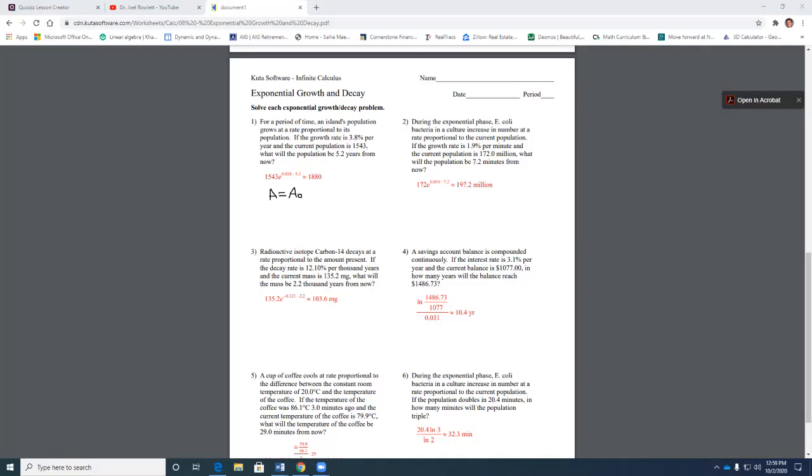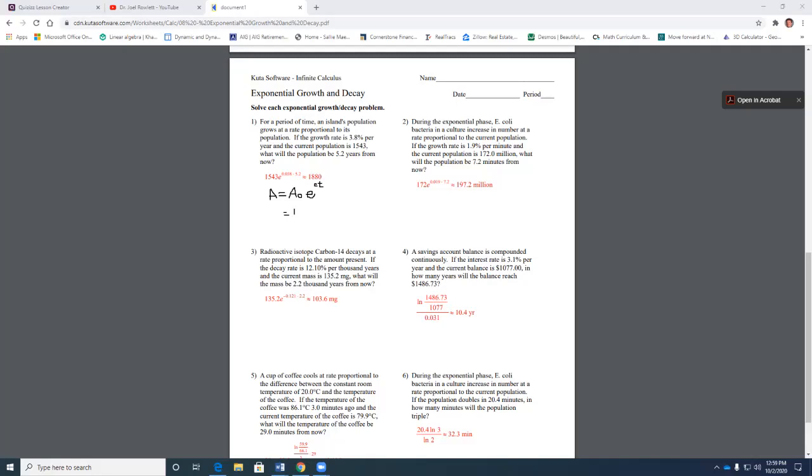And then we're going to say e to the kt, or ct, where c is a constant and t is time. Now we know that the initial population, or the current population, is 1,543. So that's going to be the A naught value, or the P naught value, depending on which letter you choose.